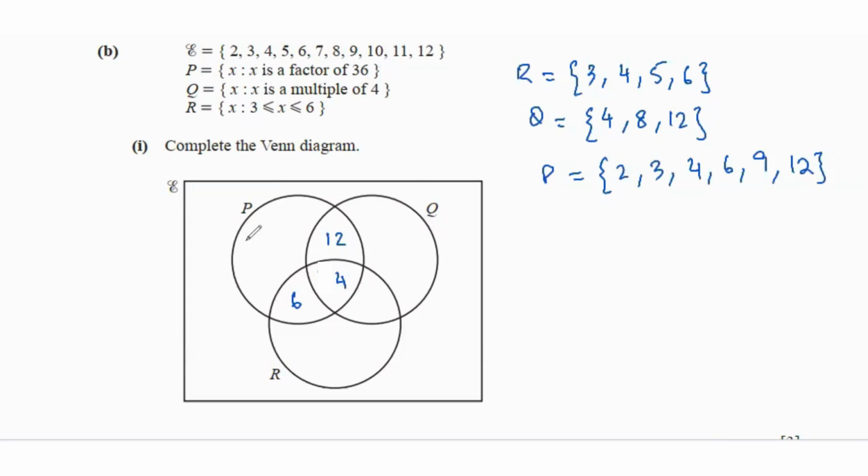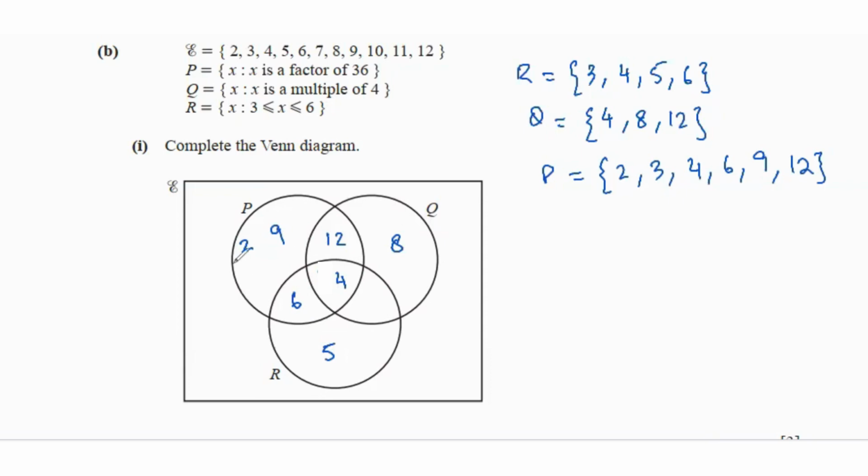So P will have 2 and 9 because 3, 4, 6, 12 are gone. In Q, we will have 8. In R, we will have 5.